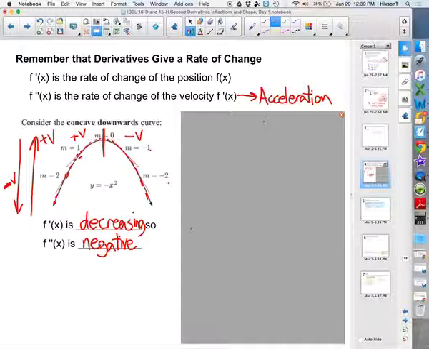Your acceleration as you go up that hill, gravity's pushing down, and it's slowing you down. You're still going up, but your speed is decreasing. And that's because you have a negative acceleration. Even though you're going up, the acceleration is going down until finally that negative acceleration overcomes any upward thrust and starts pushing you down the other side of the hill.